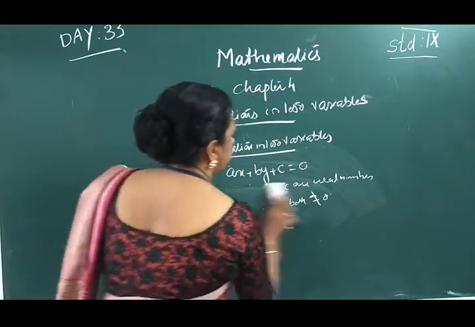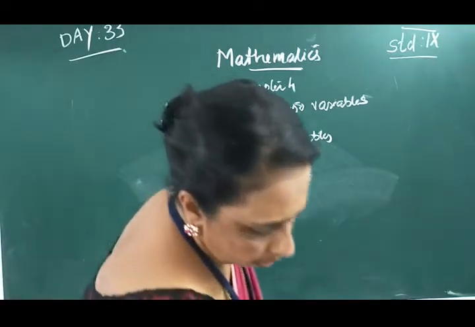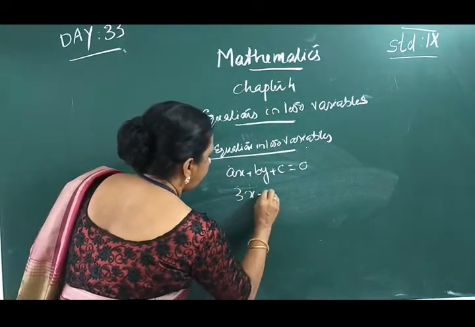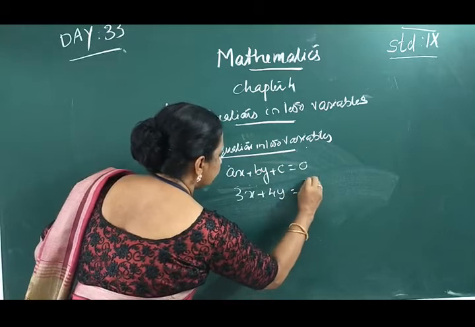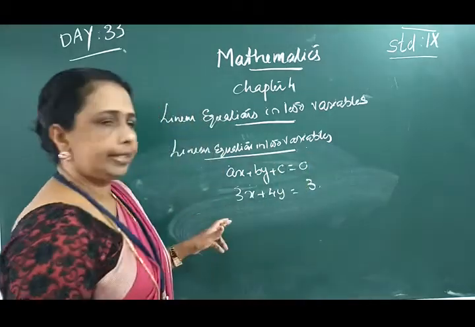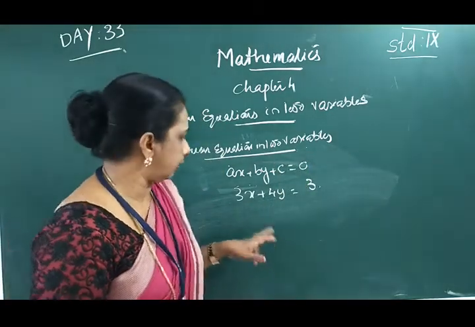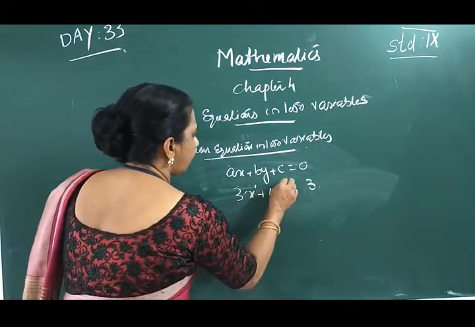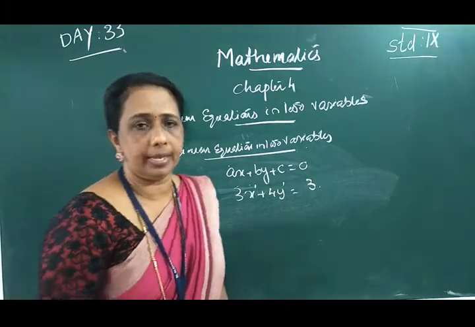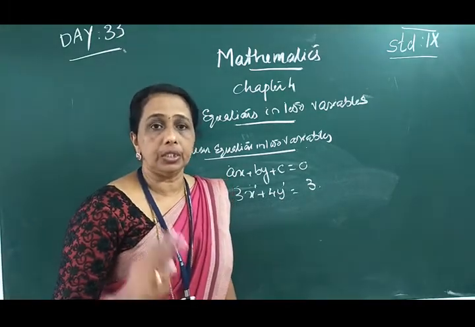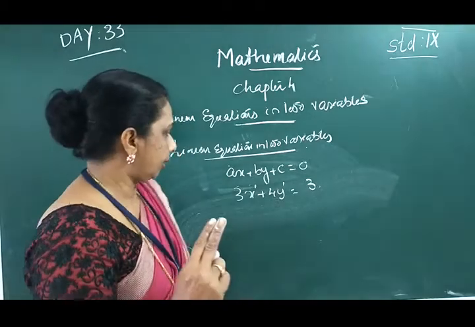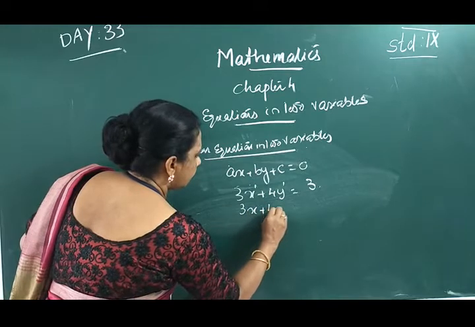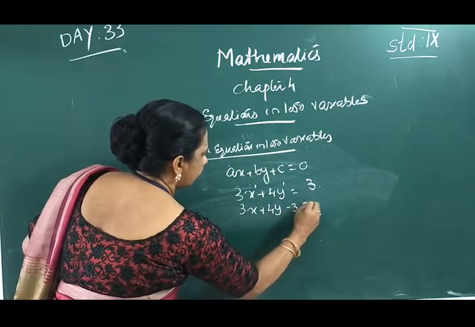Example: 3x plus 4y is equal to 3. Is it a linear equation in two variables? Yes, this is an equation having two variables x and y, and the highest power of the variable is 1. Therefore, this is a linear equation in two variables. We can rewrite it as 3x plus 4y minus 3 is equal to 0.